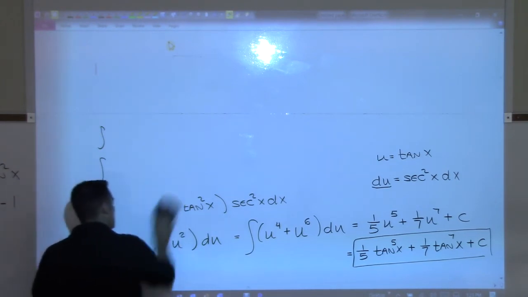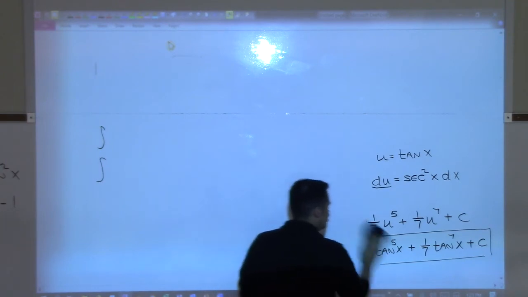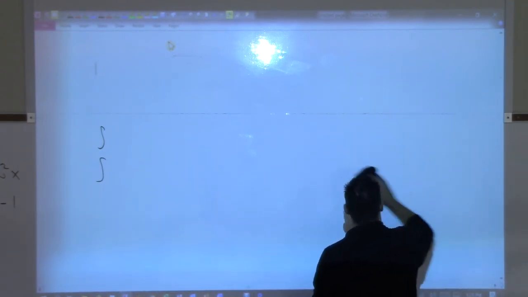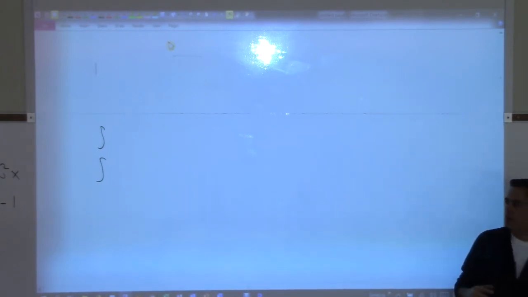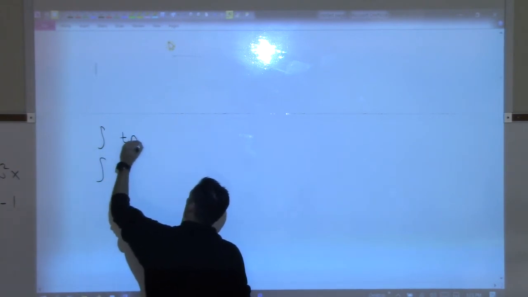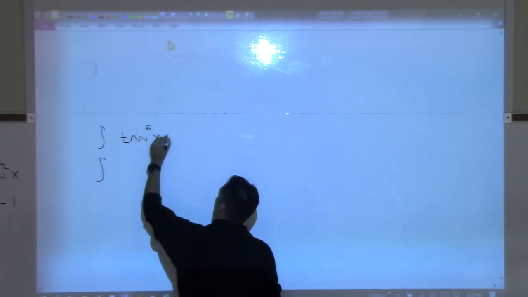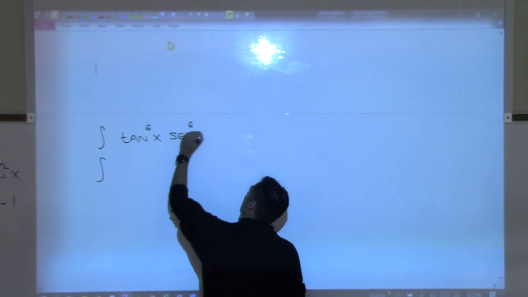So if you see an even power on your secant, you're going to peel secant squared off, right? Why is it so important that you do that when you have an even power of secant? Like, for example, let's say, I'm just going to make this one up. Let's say we had tangent to the sixth x, and then we had secant to the sixth x dx.